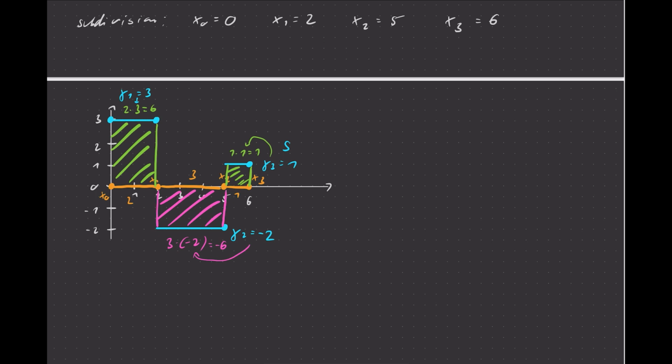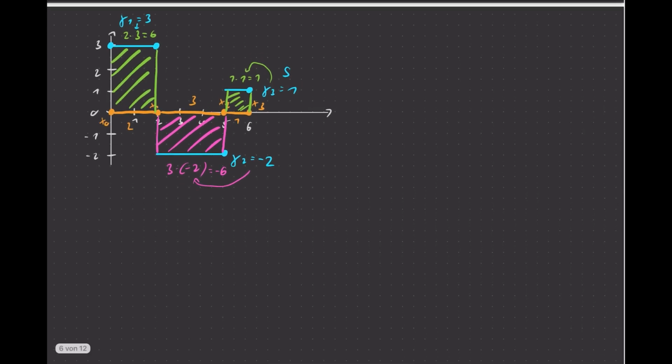So what do we get as integrals? Well, of course, that depends on the interval that we use. If we integrate from 0 to 2, that's only the first rectangle here, this one, s of x dx, then what we will get is 6, the area of that rectangle here. If we integrate from 2 to 5, that is the red rectangle here, then we get this area, -6.